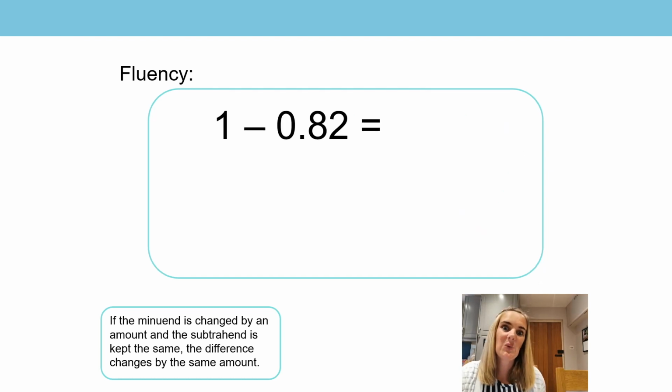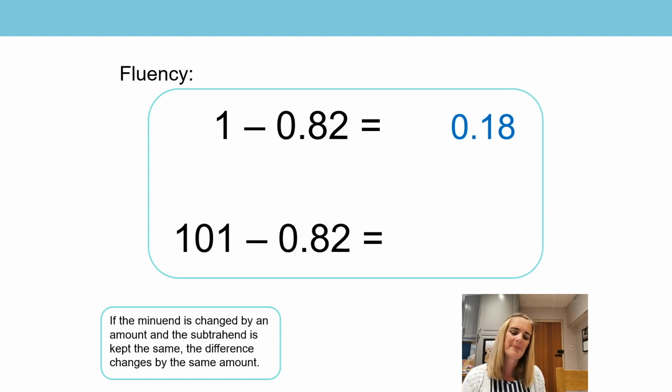Okay, let's see how quickly you can do this one. 1 subtract 0.82. Remember that 1 is just 100 hundredths. Fantastic, it's 0.18. Well done. What about my related calculation? What's the same? What's different? Think about it and then see if you can give me the answer.